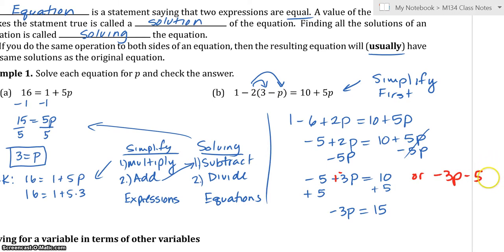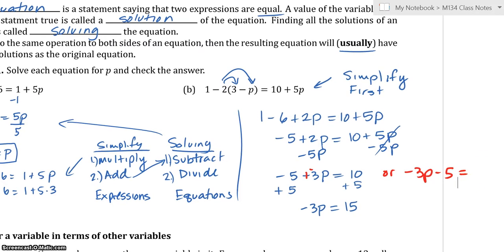You can see that's why I chose to add. You don't need to worry about that. You're just going to take the opposite sign when you're adding and subtracting, because I'm just going to see this as a plus negative 5. Subtracting a negative is the same as adding the opposite, adding a positive.